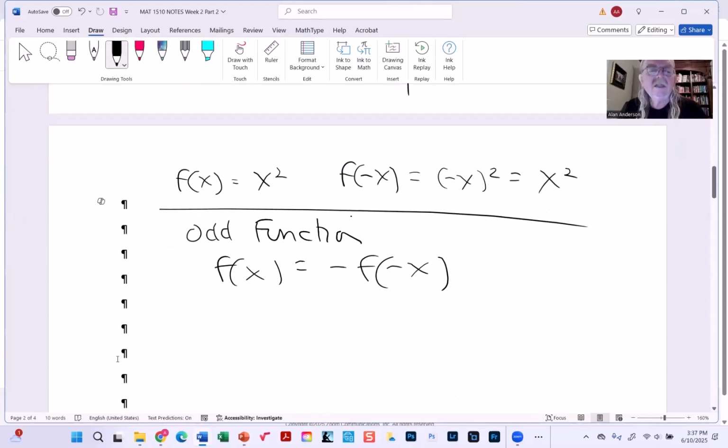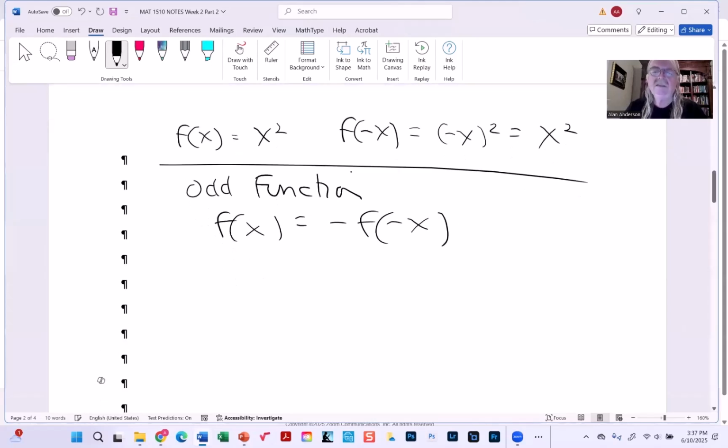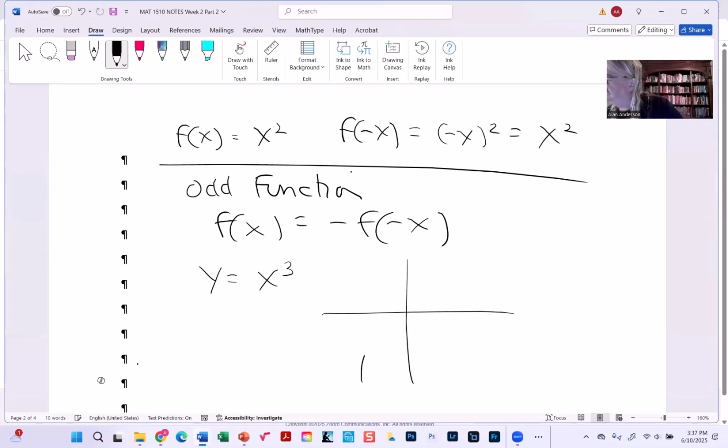The classic example of this is y equals x cubed. So, for example, f of 2 is 8. f of negative 2 is negative 8.